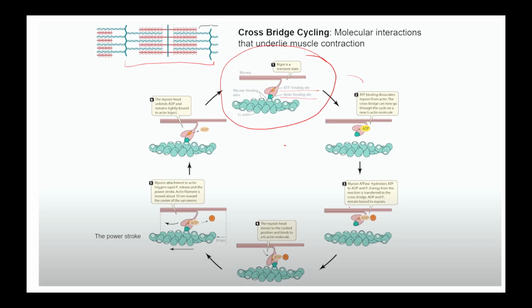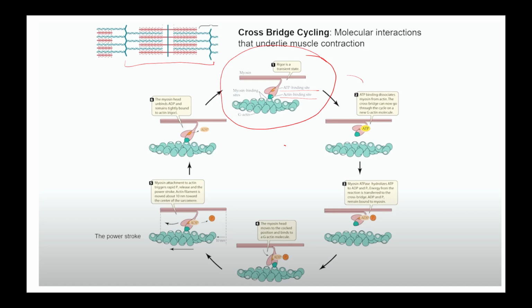ADP and Pi remain bound to the myosin. Then the myosin head moves to the cocked position and binds to the G actin molecule. Here you can see, till now the myosin is in a tilted position, making an acute angle. When the ATP hydrolysis takes place, it binds to the actin at a right angle.